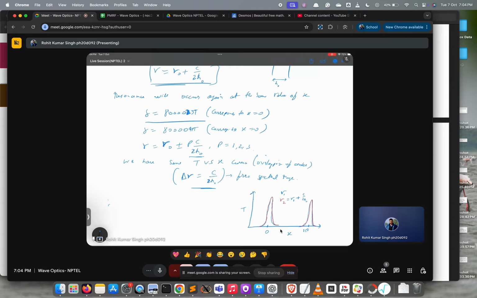So here this has order m equal to 0 and this has order m equal to 1. Okay, so there is overlapping of orders. I am talking about these two curves. Similarly here you will have overlapping of m equal to 1 and 2 and so on.